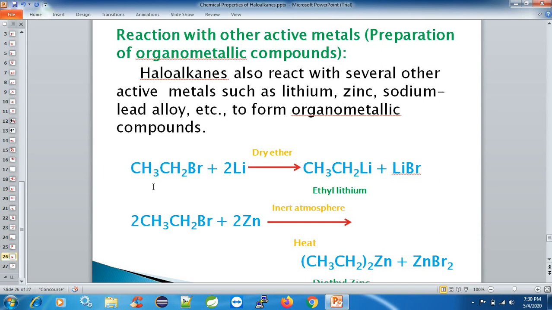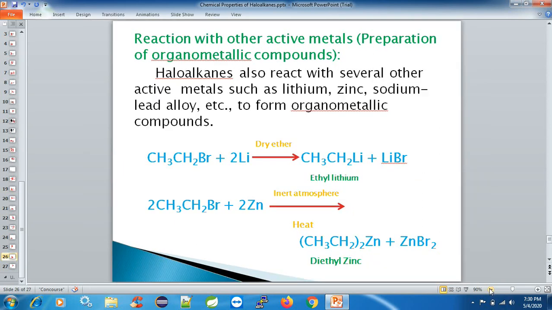Similarly, another example, when ethyl bromide reacts with zinc in inert atmosphere, diethyl zinc is produced along with the formation of zinc bromide. So this ethyl lithium and diethyl zinc are organometallic compounds.